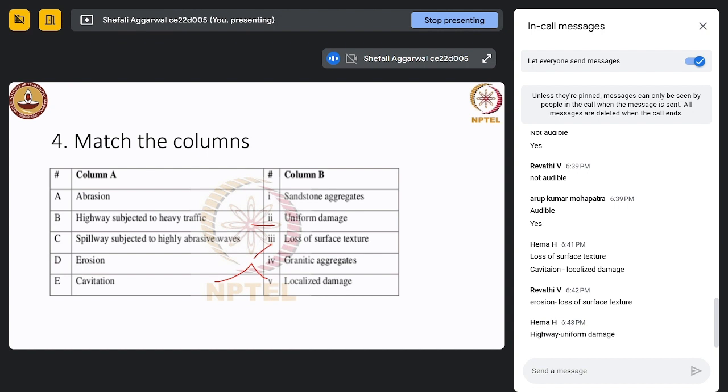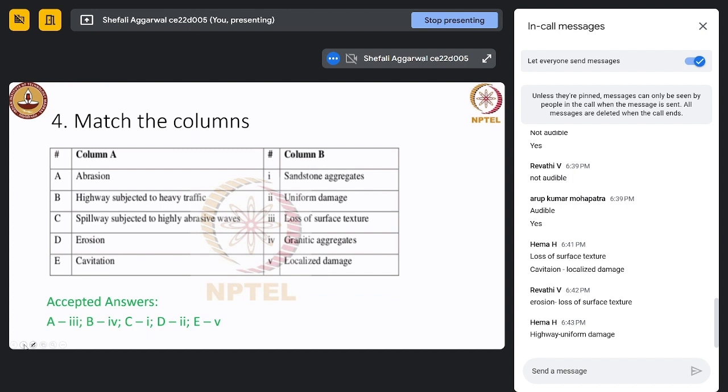Spillways. First, abrasion. Abrasion is causing mainly loss of surface texture.